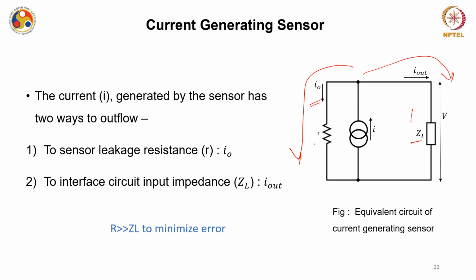You want all your current to flow through this load, the interface circuit. So this small r should be much larger as compared to the input impedance of this interface circuit, which will minimize the error, because in that condition the current flowing through this R will be minimum.